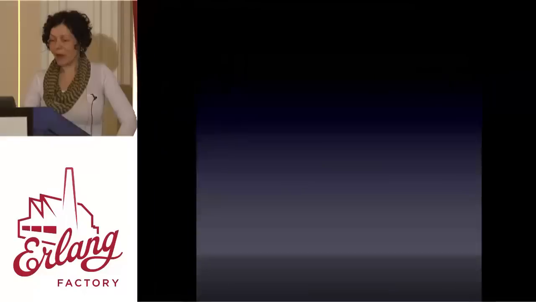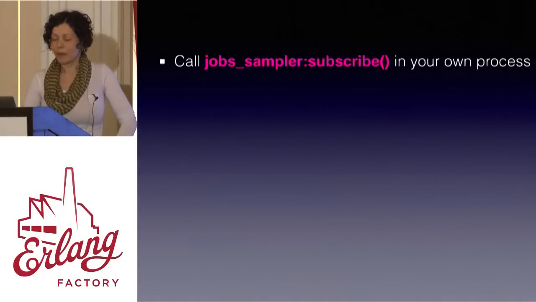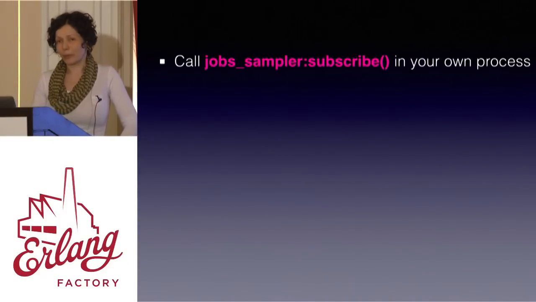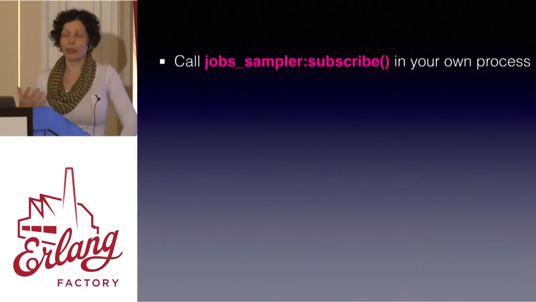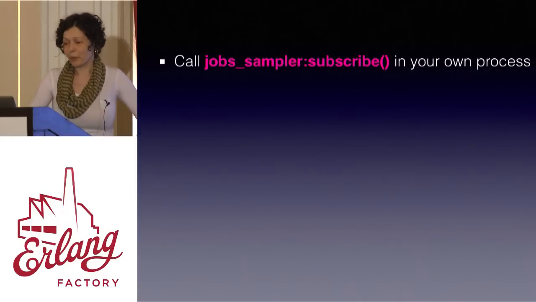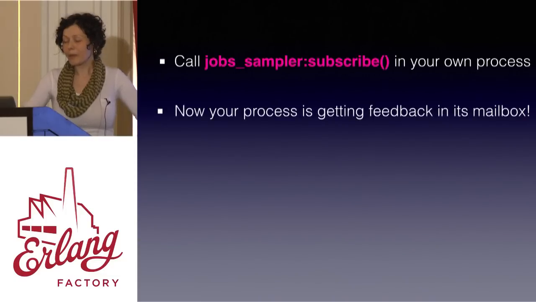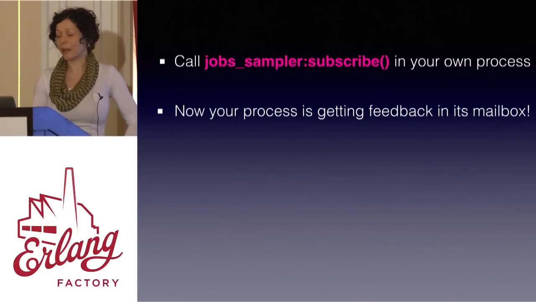So this is how we do it. In our own process, we can subscribe to the job sampler. So we can use the job sampler framework in a variety of very flexible ways. So this is what we do, just call job sampler subscribe. And now our process will be getting this sampler feedback in its mailbox.